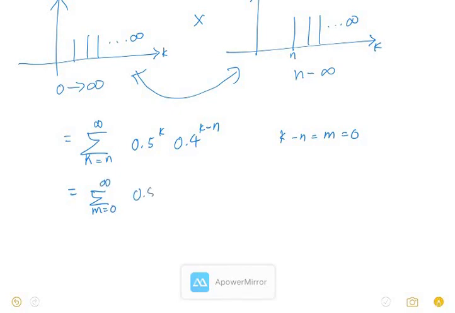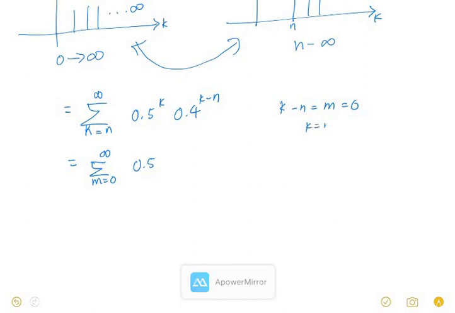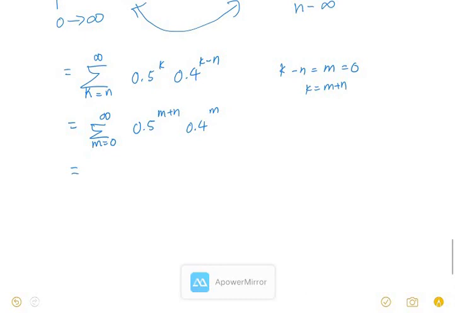So m goes from 0 to infinity, and k is referred to as m plus n. Now 0.5^(m plus n) and 0.4^m. Multiplying 0.5 with 0.4, for the power of m, you get 0.2.